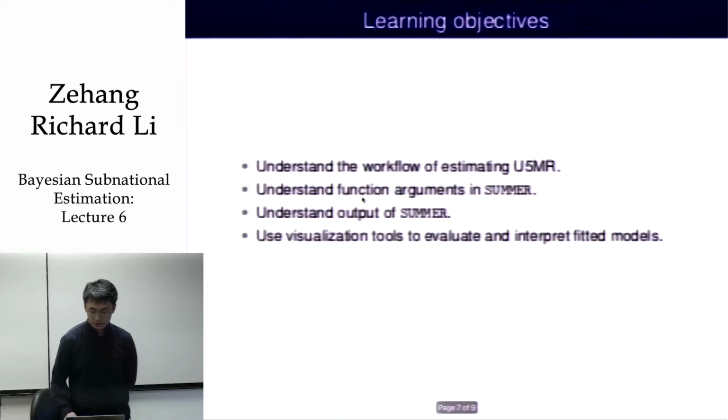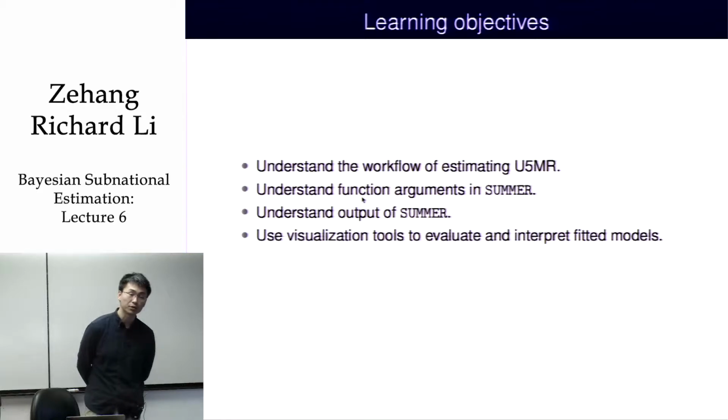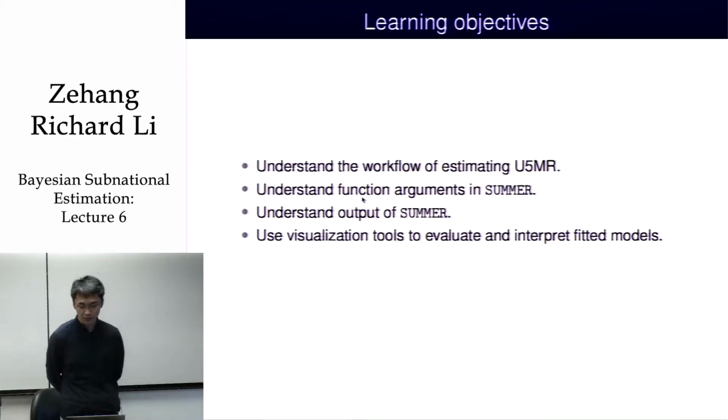Okay, so by the end of this lecture, these are the things that we'll be looking at and comparing. Some of the learning objectives: of course, I want to show you a complete workflow of estimating U5MR, from the beginning to getting the results, with some intermediate considerations like bias adjustments, and in particular benchmarking to the national models.